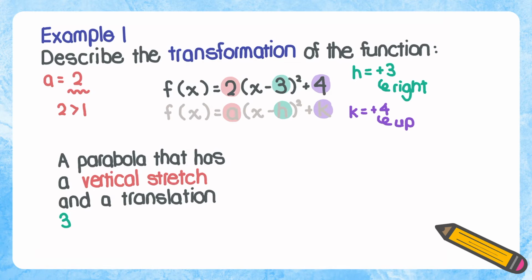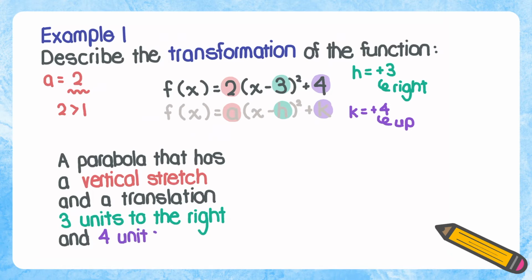Since h is positive 3, we know we need to move 3 units to the right. And because k is positive 4, we would also move 4 units up.